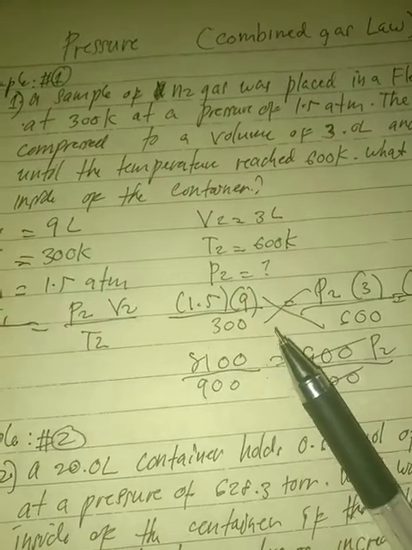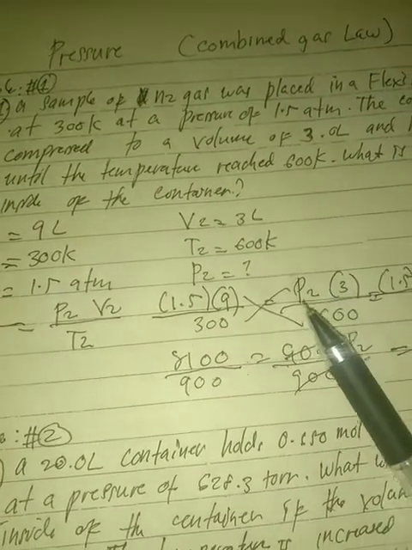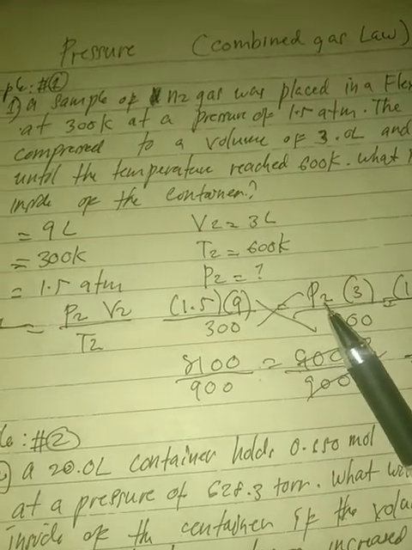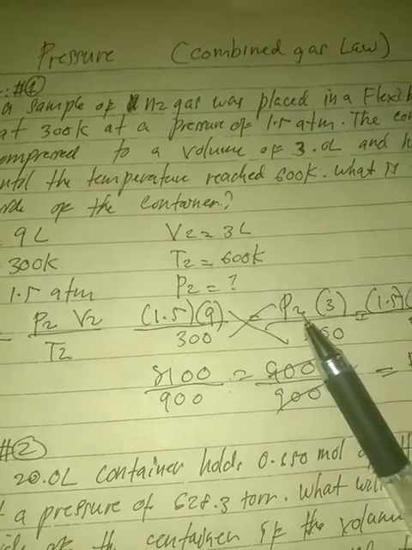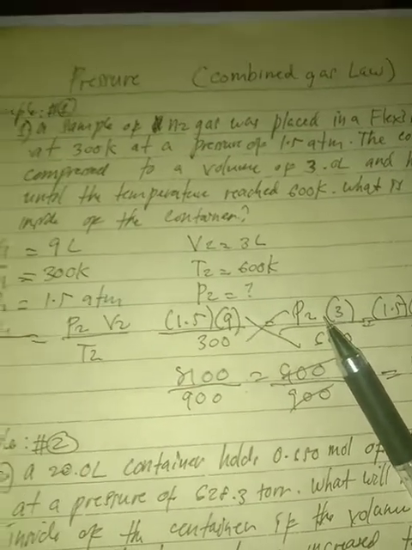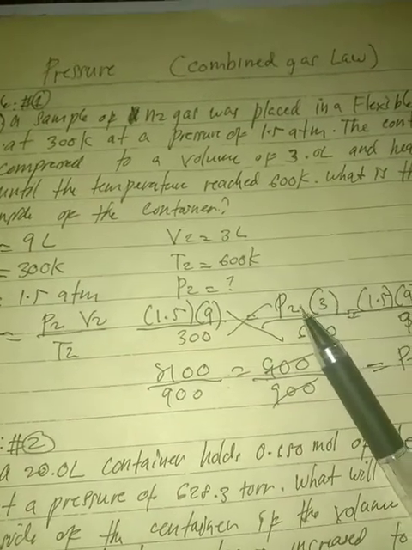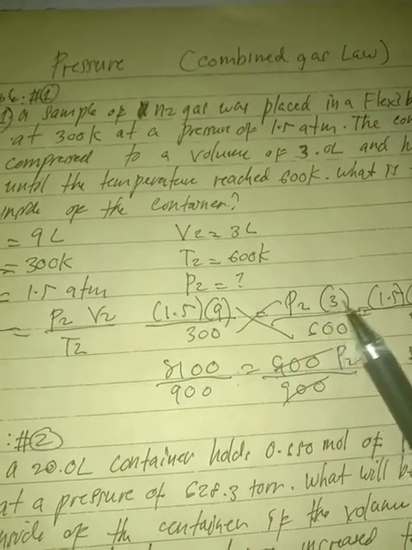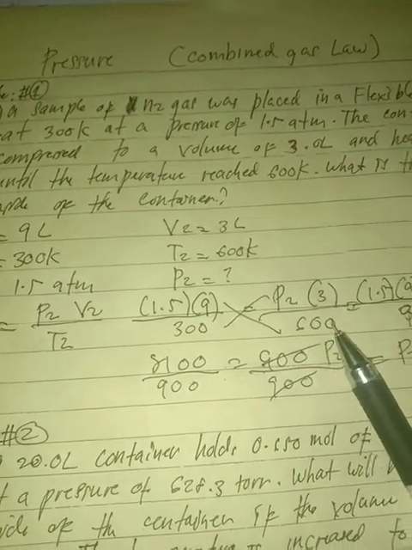This one we cannot put the value because P2 is unknown. So later we will know the value of this P2. Now our V2, volume 2, the value is 3, and then over the T2 the value is 600.